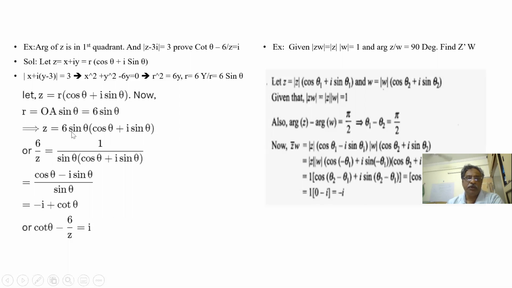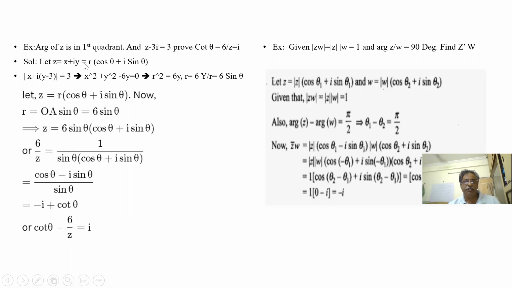So Z is equal to r(cos theta + i sin theta). Now I come to this form. This condition I have used to find out r. I got a mod here, I am finding out what is r: r square is x square plus y square, so r square I am getting 6y, so r is equal to 6 sin theta.